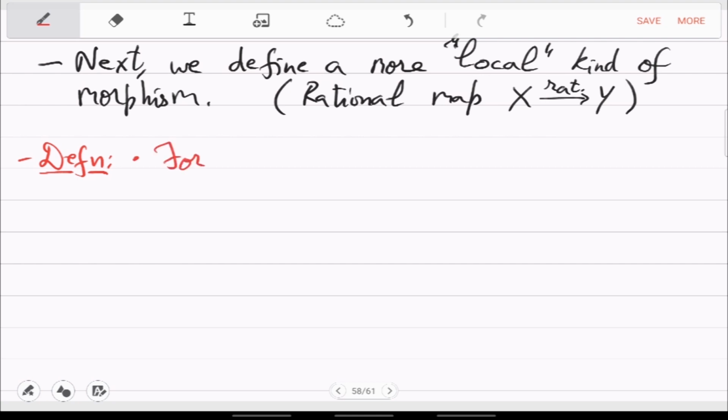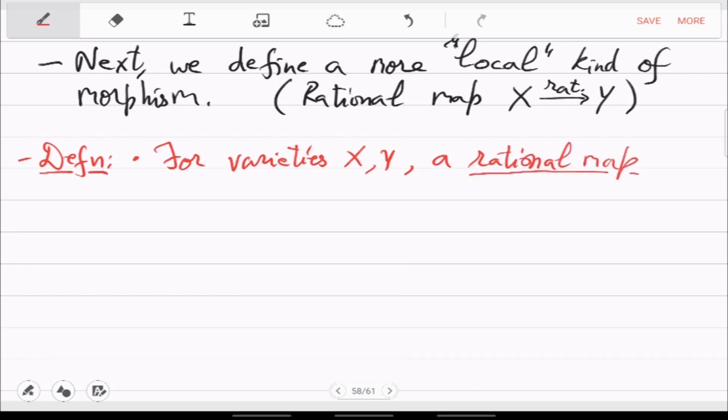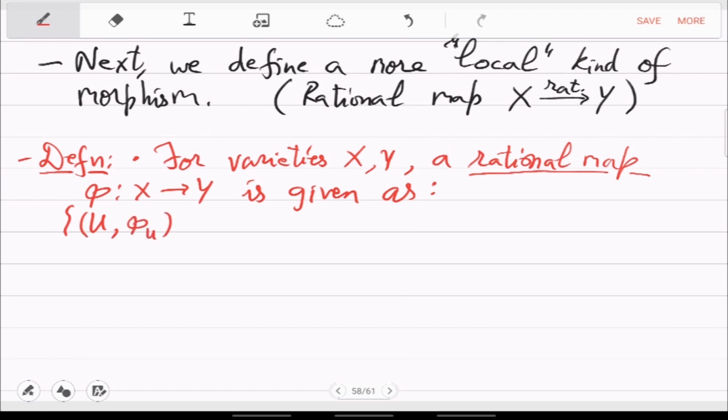So for varieties X, Y, a rational map phi from X to Y is given as: take any open set U of X, and a map defined on that. So U is open in X and phi U is a morphism.